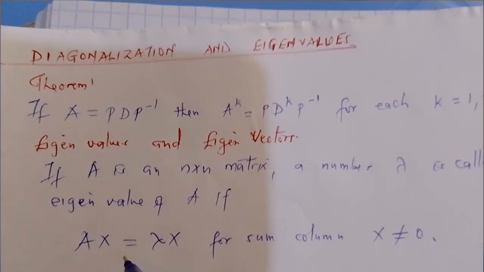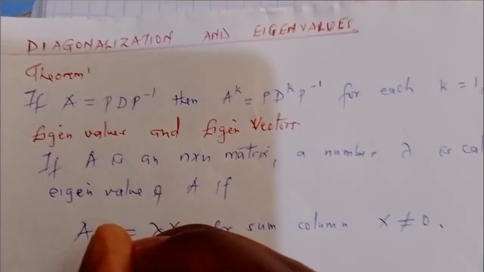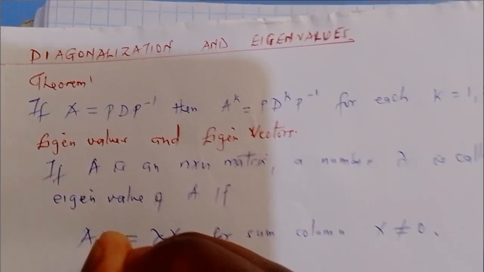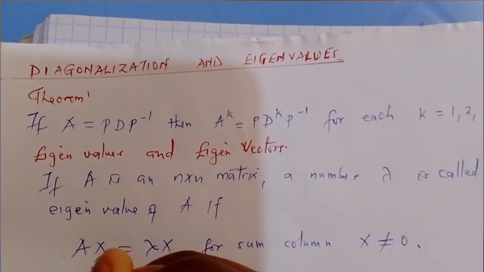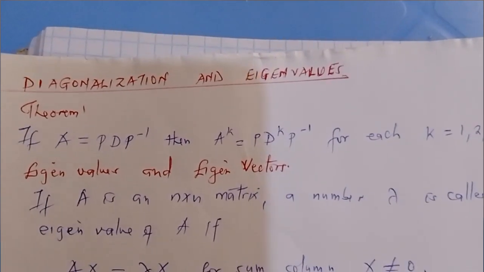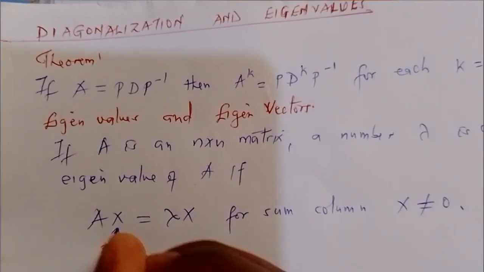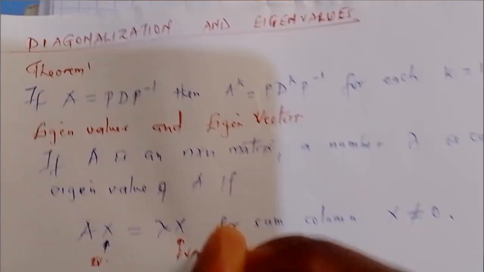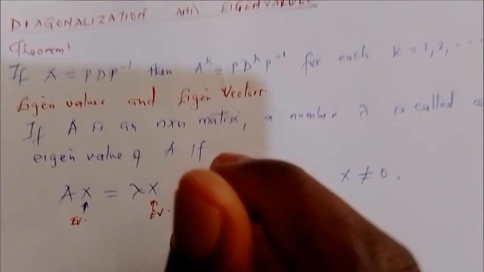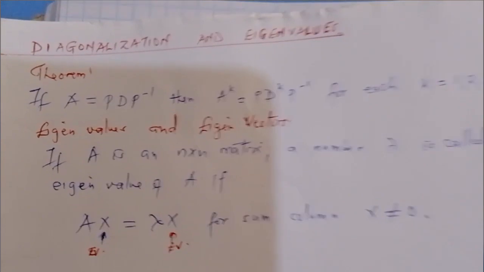I'm saying that this x is an eigenvector. This x is an eigenvector of A corresponding to the eigenvalue lambda.